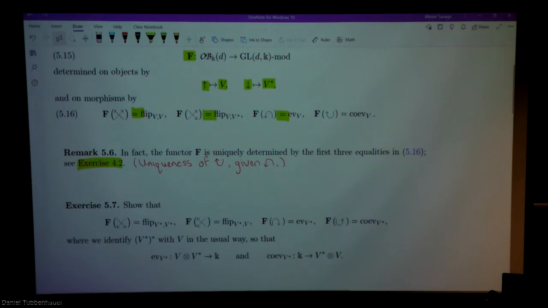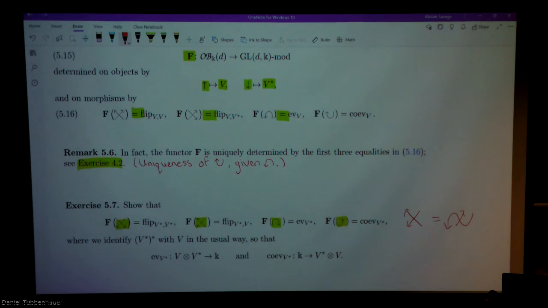So now as an exercise, you can see where things like the down crossing, the left crossing, and the right cap and cup are sent, because they're defined in terms of the other things, right? So remember, left crossing was this, so that involves an up crossing and a left cap and cup, and I've told you where those get mapped to, and so you can just compute where the left crossing gets sent to, and it's what you guess it would be.